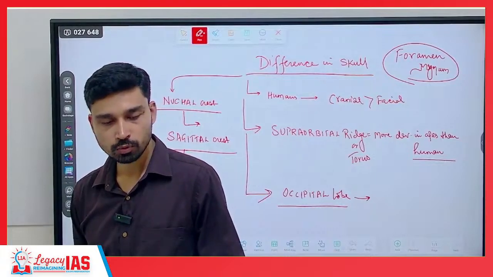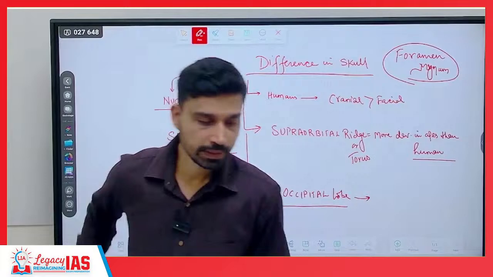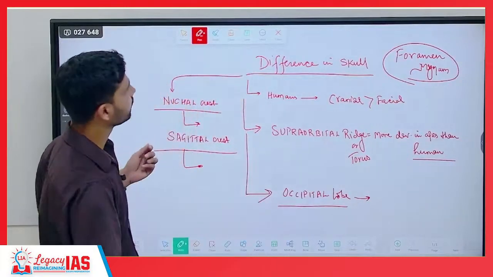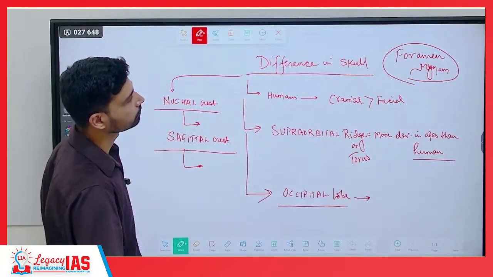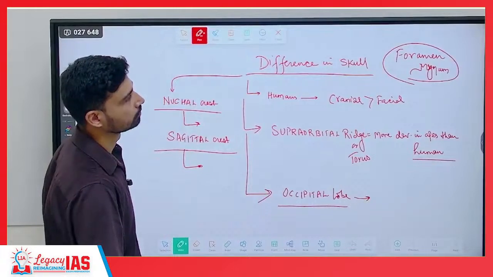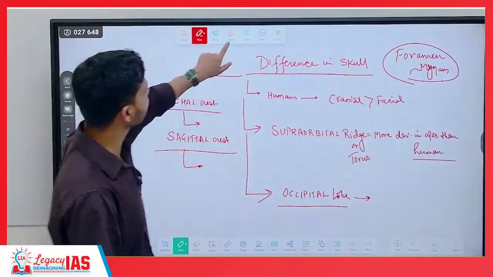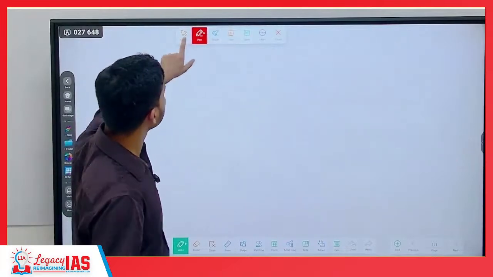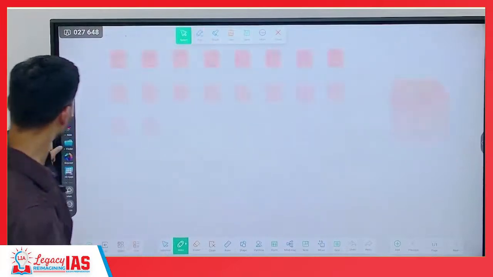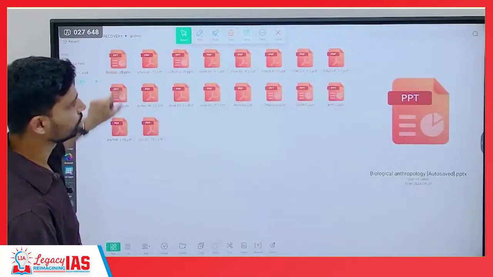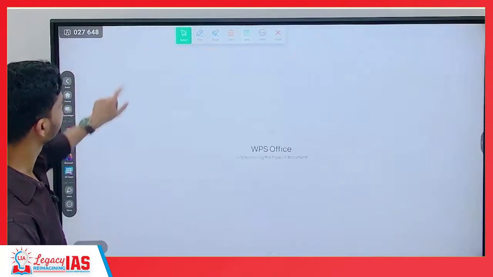Because of how they are moving, the placement of foramen magnum has evolved. So those are the major differences we can elucidate in the skulls of the human and ape.